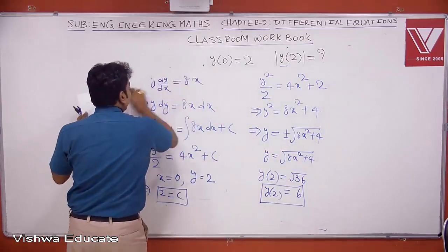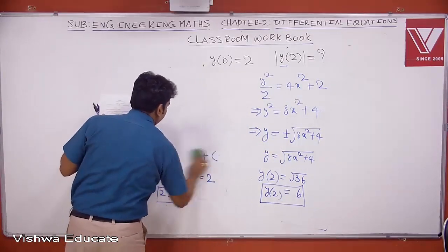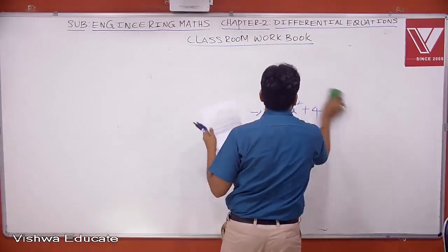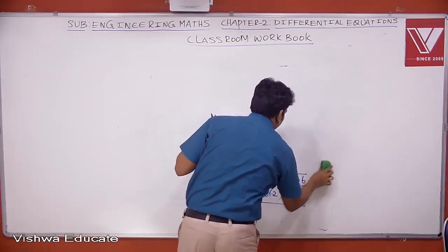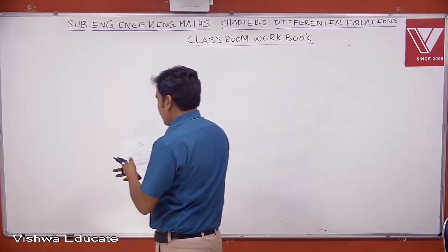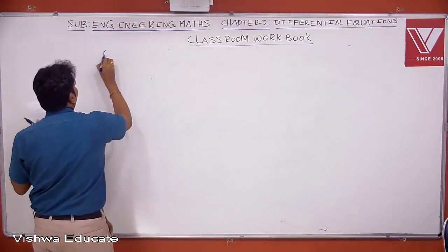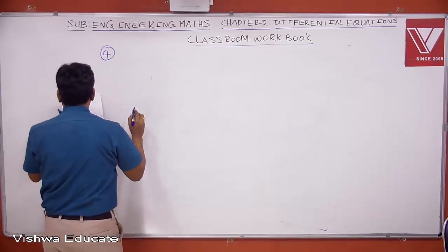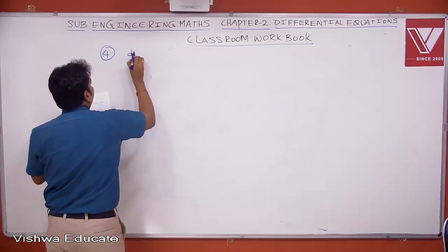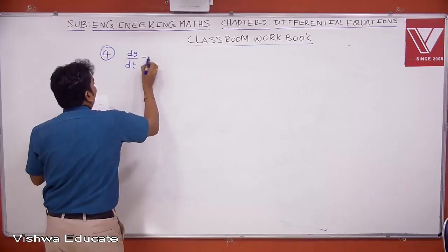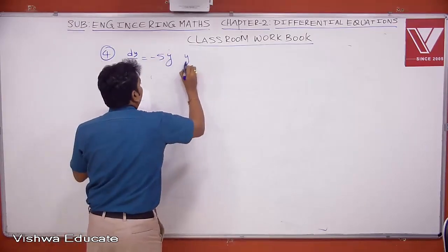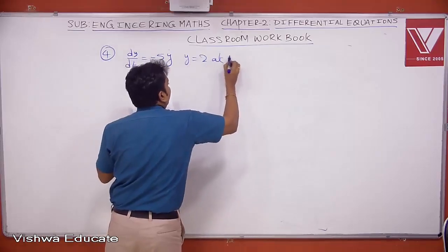Now we move to question number 4. Consider an equation dy by dt equal to minus 5y with initial condition y equal to 2 at t equal to 0.